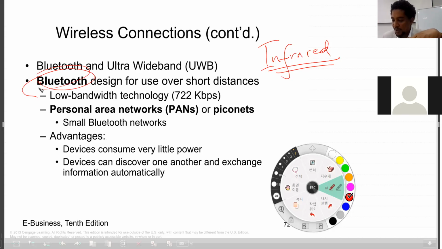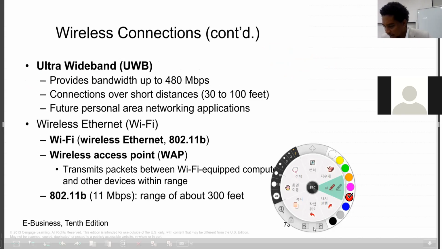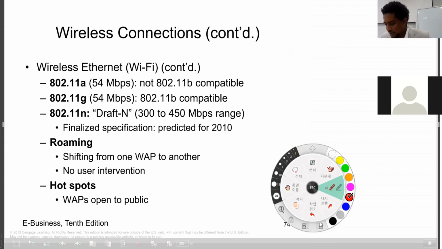Then came Bluetooth, where you don't need this facing of devices, because Bluetooth can reach some range of distance. And ultra wideband, so Wi-Fi's also have different capacities, and access points are there. These are different varieties of Wi-Fi.